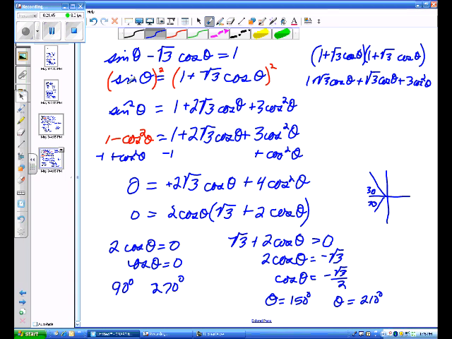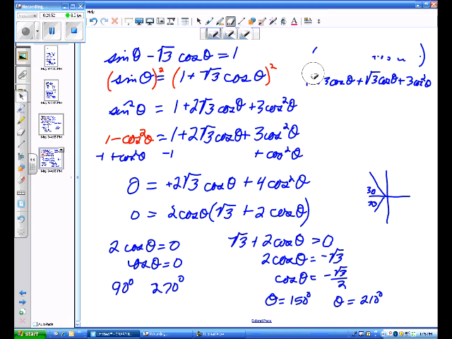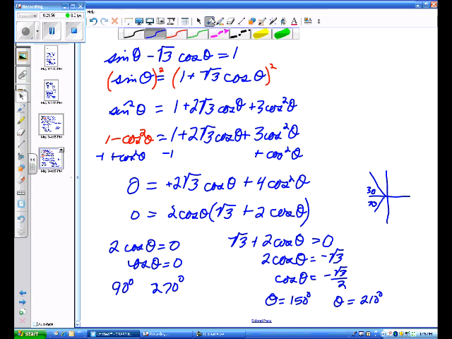You can check your solution by using a calculator, or we can just substitute in. I'm going to make just a little room over here, and we can substitute in. These are not too hard to do. The sine of 90 is 1 minus the square root of 3 times the cosine of 90, which is 0.